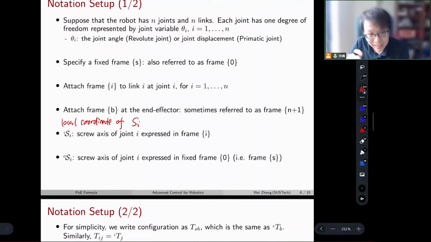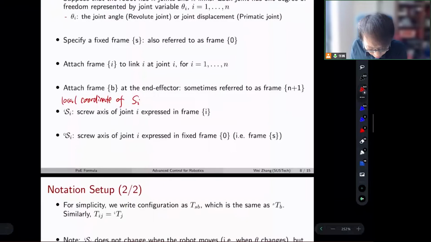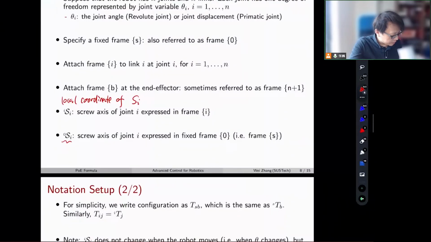Think about S_i as a coordinate-free screw axis. You can represent it in different frames, and in some frames it's constant. In other frames, it depends on other configuration or joint variables. And S_i in frame 0 is a function of theta.